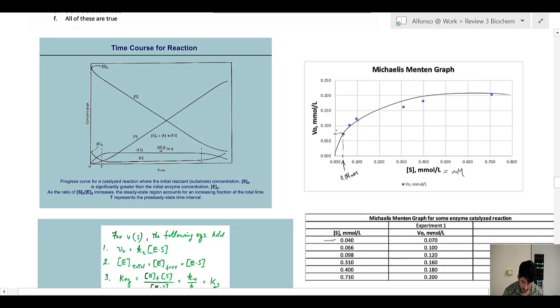It is 0.07 millimolar of product per unit of time. So this right here should actually say millimole per liter per time. And so should this.